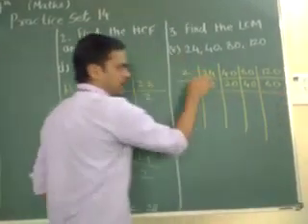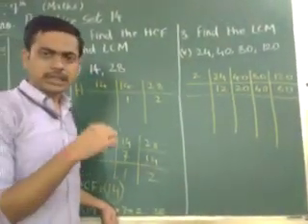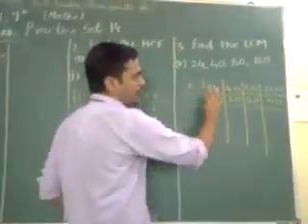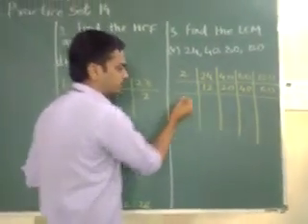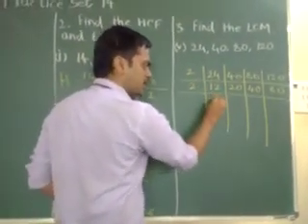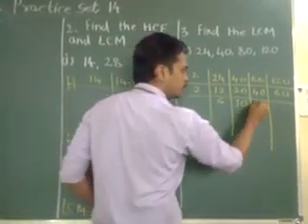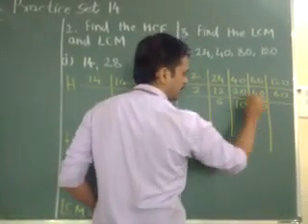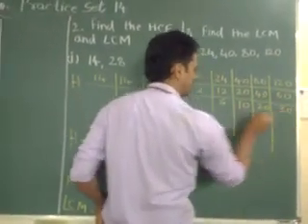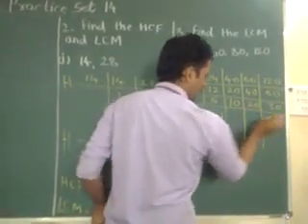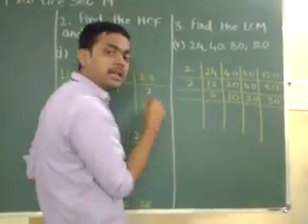If you want, you can take directly 4 also, but we are taking step by step here because there are many numbers, so we should not get confused. Again 2, 2 6s are 12, 2 10s are 20, 2 20s are 40, and then 2 30s are 60. Again we will divide. If you see that all the numbers will be divisible by again 2.